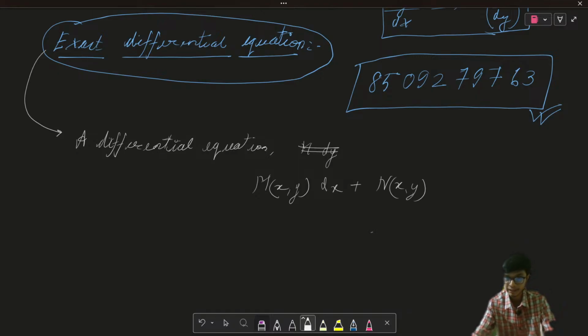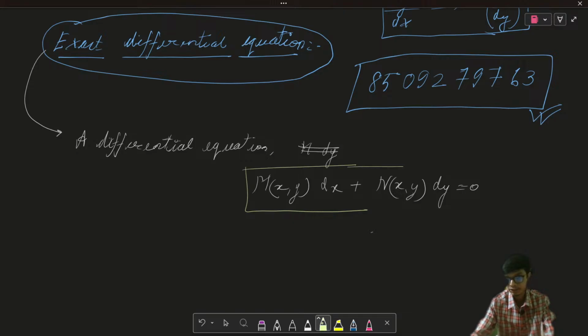So let us say this is my general differential equation, or differential form of equation, right?